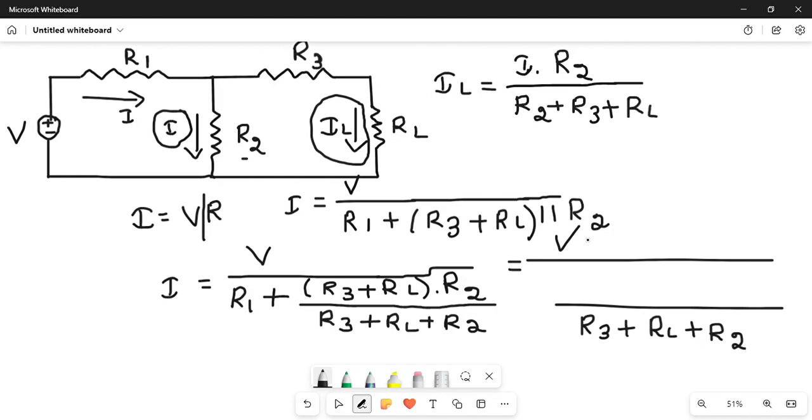Now it's nothing but your R1. So R1 into this whole thing is equal to this particular term, you will get it, right? So that is why you are supposed to multiply R1 into R3 plus RL plus R2.